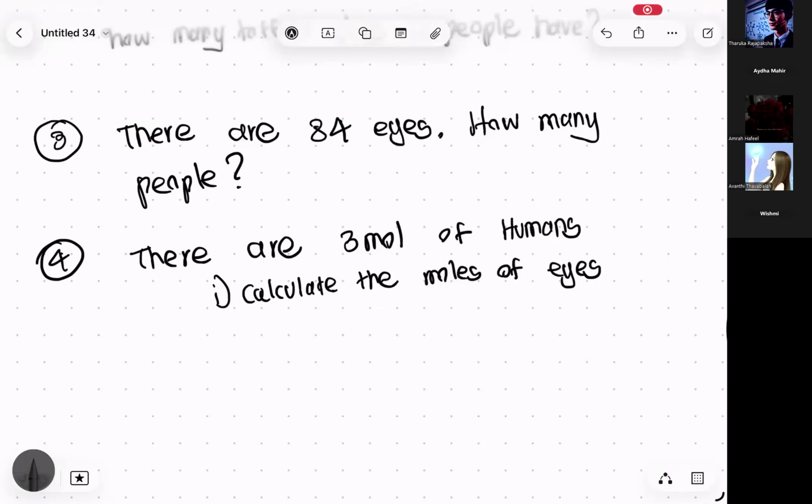Calculate the moles of eyes. There are 3 moles of humans, and I want you to calculate the moles of eyes. How many moles of eyes are there? Tell me.